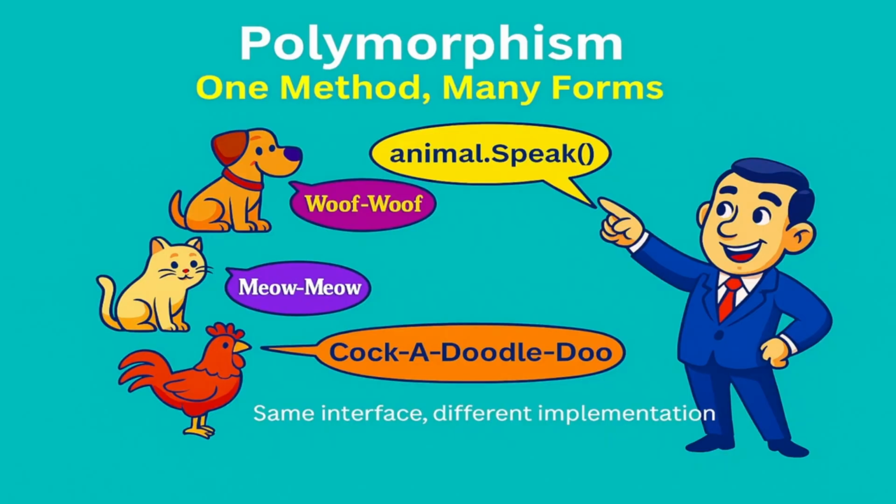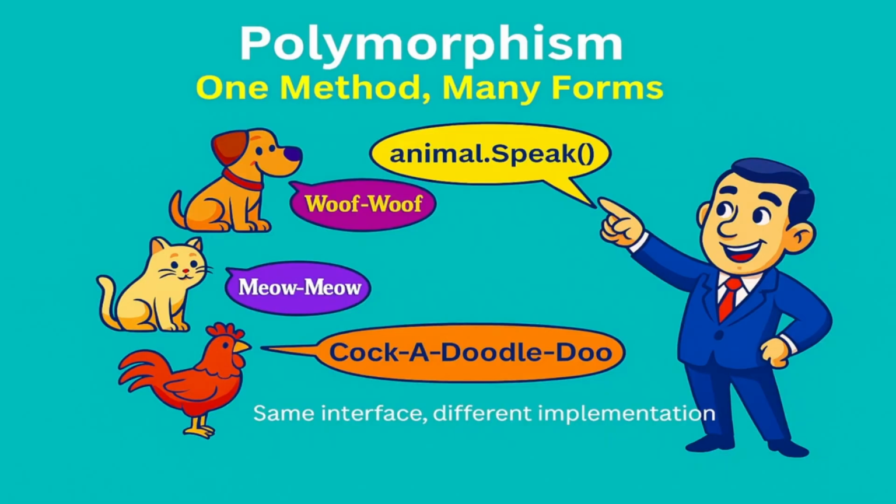The dog responds with woof woof, the cat responds with meow meow, and the rooster responds with cock-a-doodle-doo. Even though the same method speak is called on each animal, the output differs based on the actual object. So once again, polymorphism is one method, many forms: the ability of an object to take on many forms.